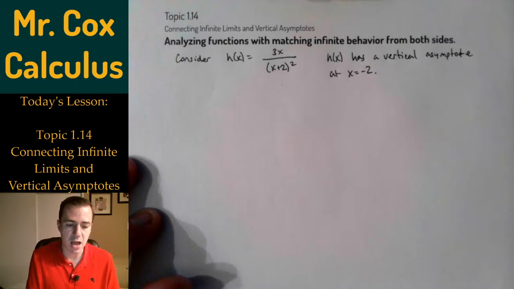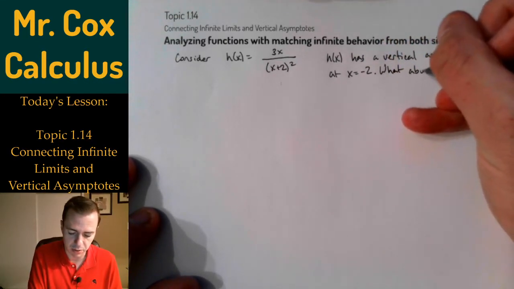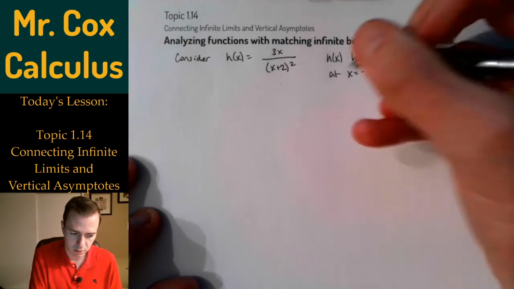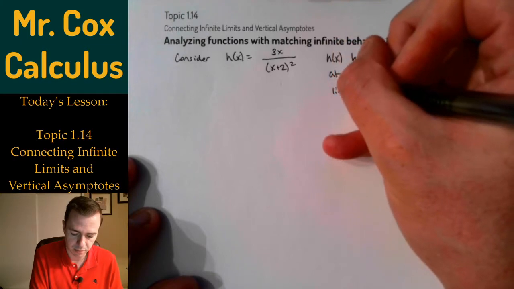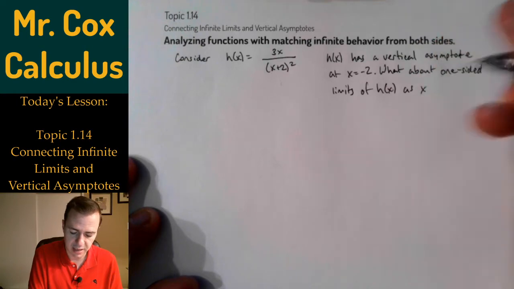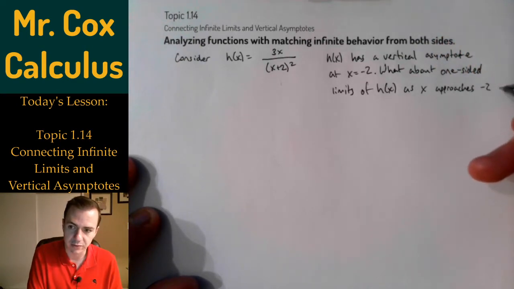But what I want to do now, just like I did in the previous video, is describe the one-sided limits of h of x as x approaches negative 2.